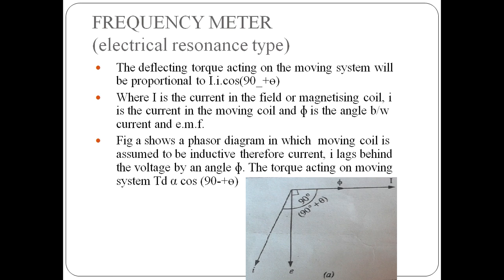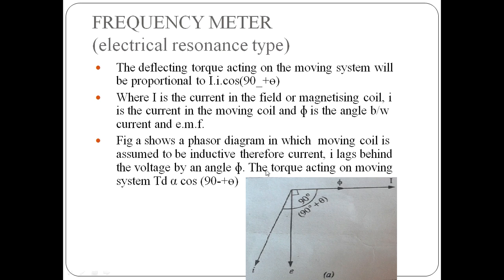Then the deflecting torque acting on the moving system will be proportional to I cos phi, where cos phi is cos 90 plus or minus theta, capital I is the current in the magnetizing coil, small i is the current in the moving coil, and phi is the angle between current and EMF.